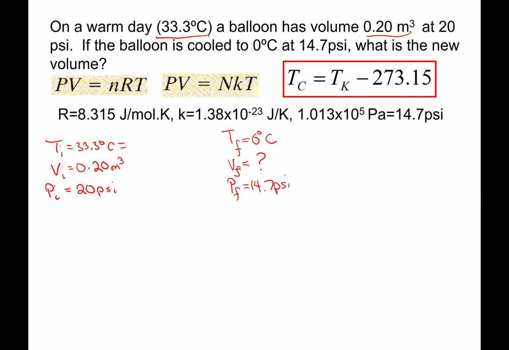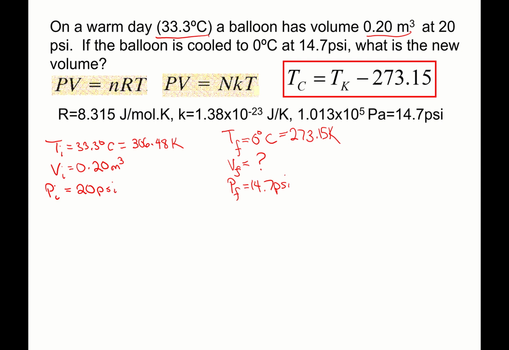T_K is T_C, the temperature in Celsius, plus 273.15. So the initial temperature is 306.48 Kelvin. The final temperature, let's go ahead and do that. That's just 0 plus 273.15 Kelvin.